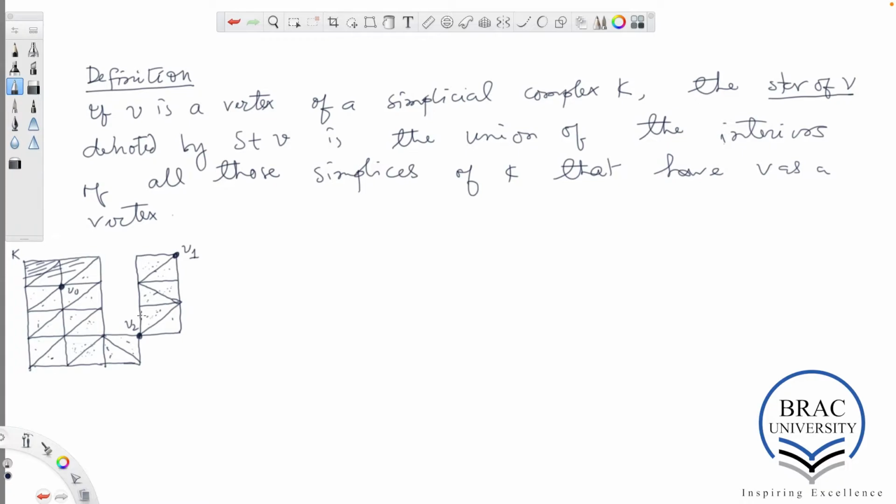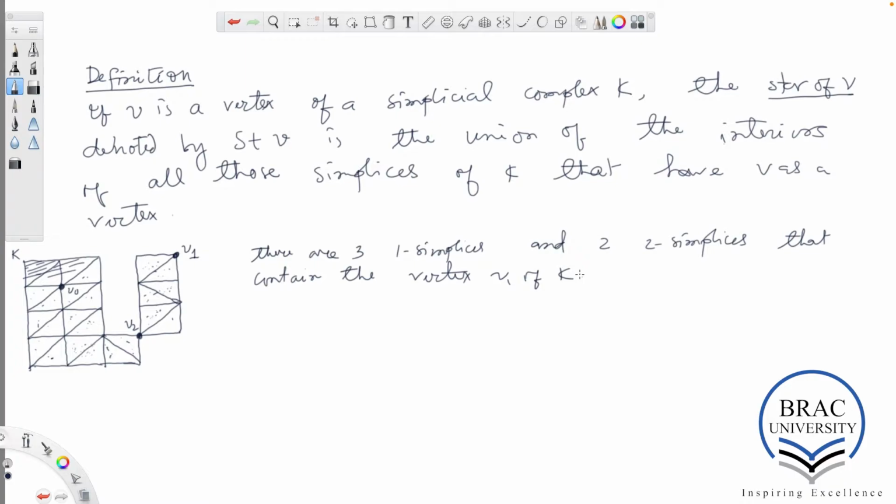So now, regarding this complex K, there are three one simplices and two two simplices that contain the vertex v1 of K. Let me show that in the diagram.